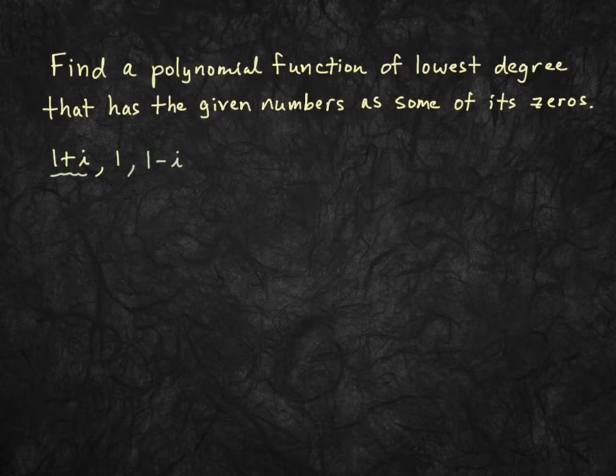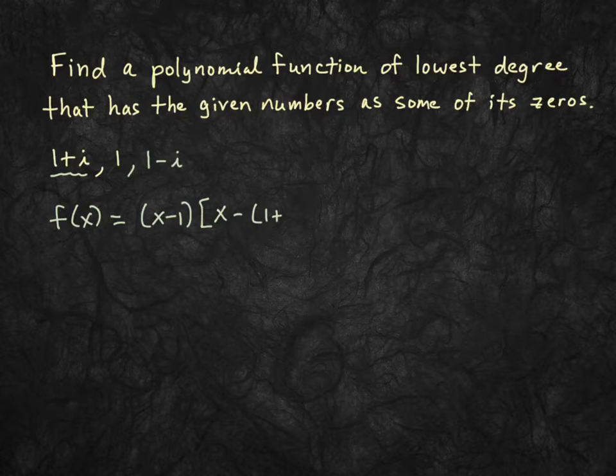And so the polynomial function that we could write having the lowest degree would be found by using these three zeros. So if 1 is a zero, we know x minus 1 is a factor. If 1 plus i is a zero, actually let me just use brackets here, we know x minus (1 plus i) is a factor.